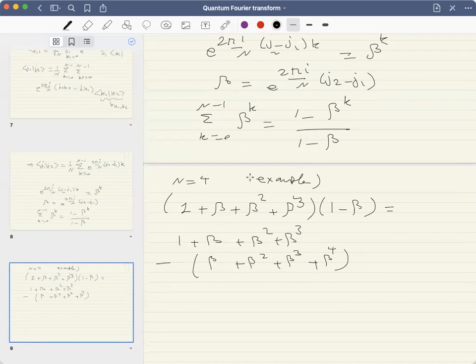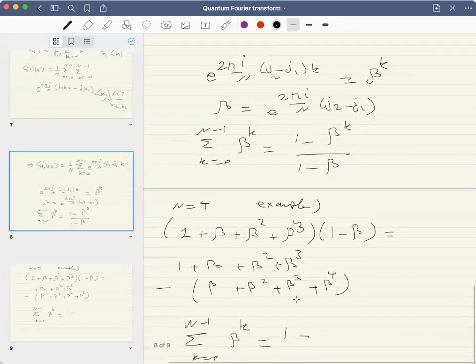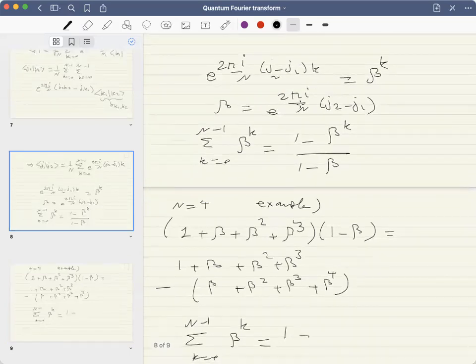And in general, we can show that in the same way. So then we find that sum over k equals 0 to N minus 1 of beta to the power k is 1 minus, let's see what beta was. It was that thing over here.